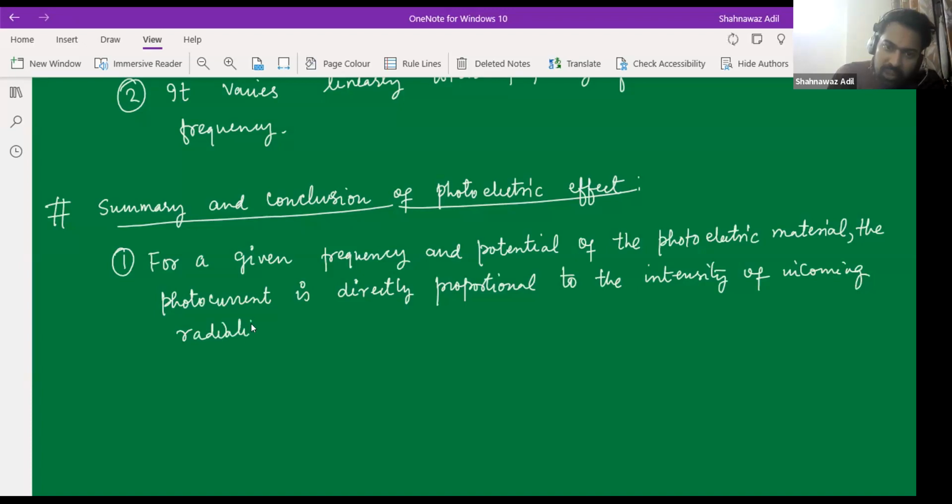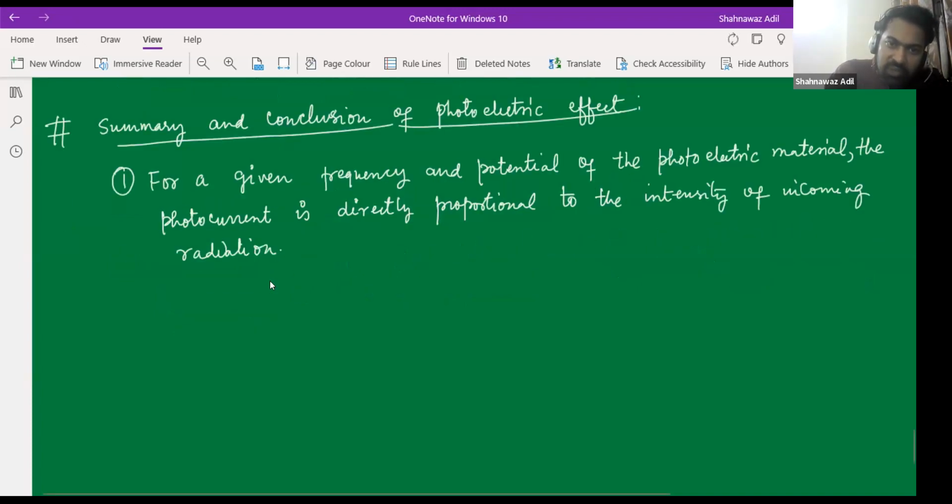This is the first thing that we understood from the first observation.